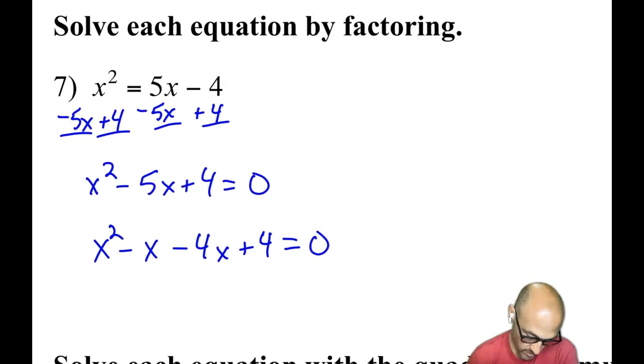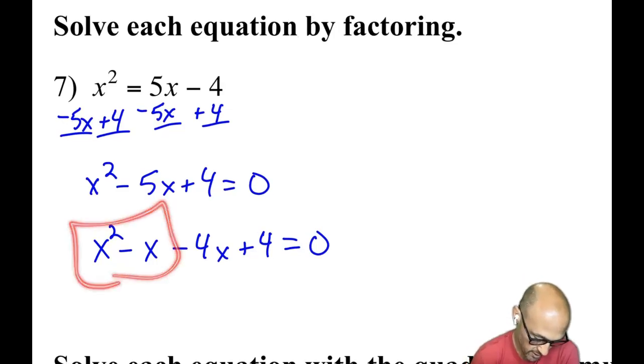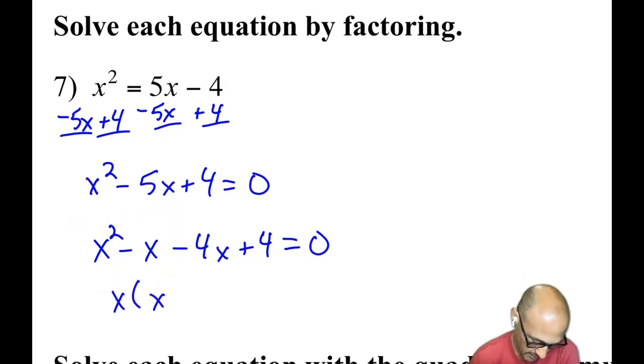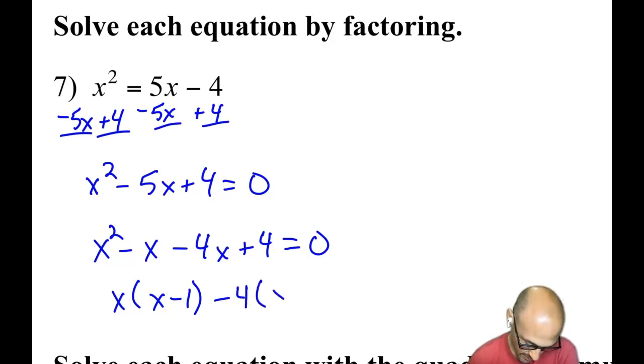All right, now factoring this right here, we have x times the quantity x minus 1 minus 4 times the quantity x minus 1 equals 0.